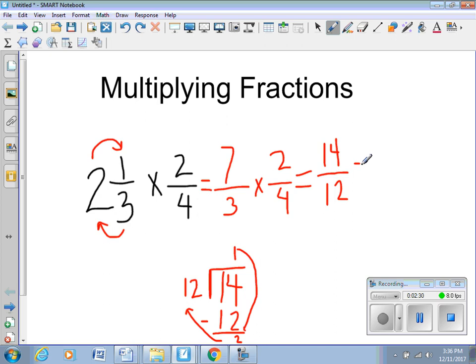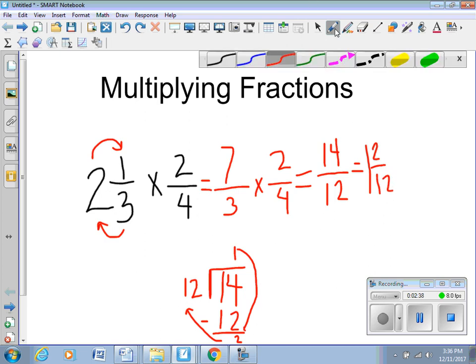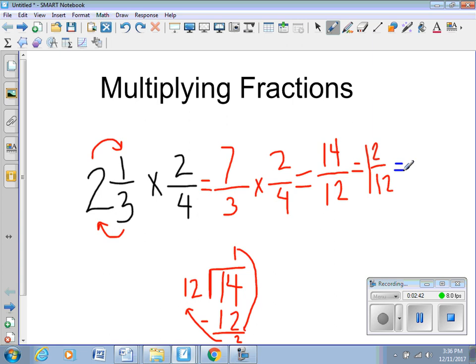So it equals 1 and 2/12, which also at this point you should know that you absolutely have to simplify. So 2/12 can be simplified by dividing by 2. 2 divided by 2 is 1, and 12 divided by 2 is 6. So 1 and 1/6 is going to be our answer for this problem.